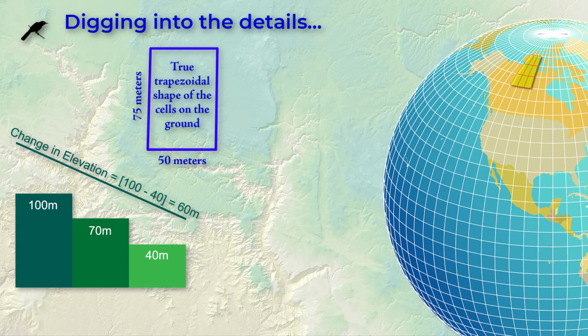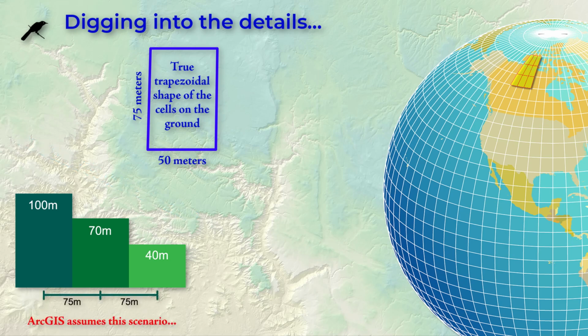Landscape rises 60 meters as you go from east to west. The problem lies in the horizontal distance. If you don't use geodesic methods, then ArcGIS will assume that the east-west distance is the same as north-south, or 150 meters total as you move from the right cell to the left cell. Therefore, it will calculate the east-west gradient equal to 60 meters rise over 150 meters horizontal, which is equal to a 40% slope.